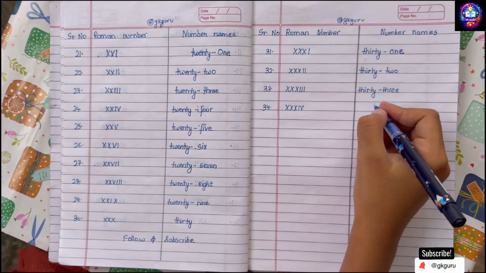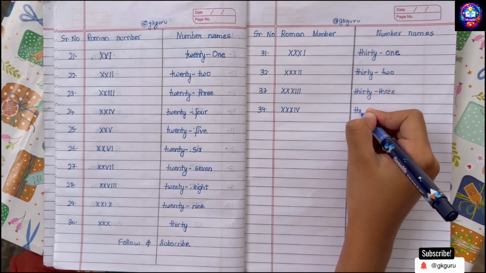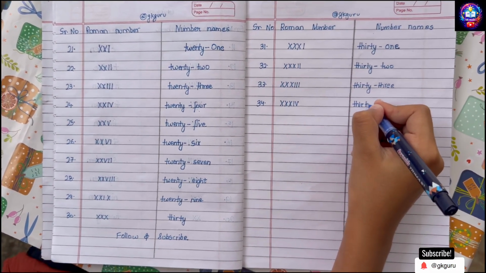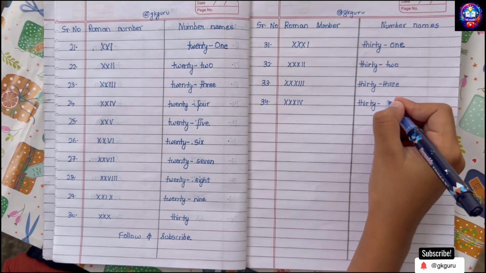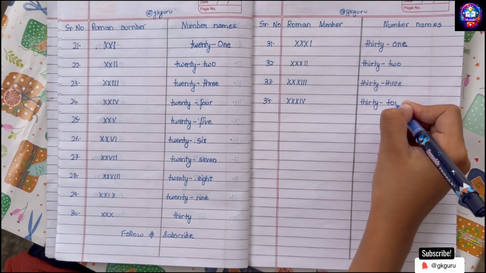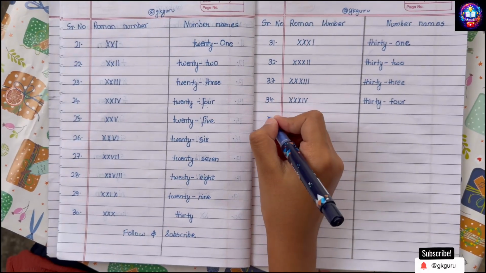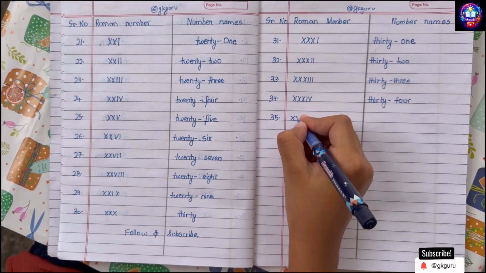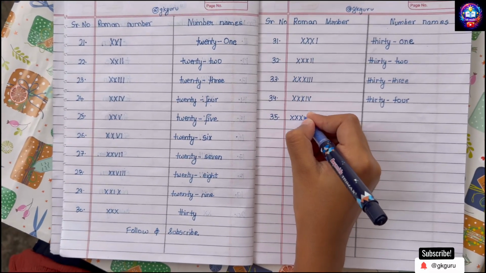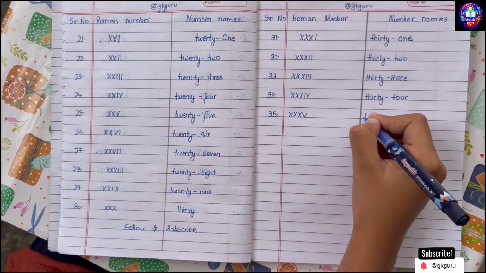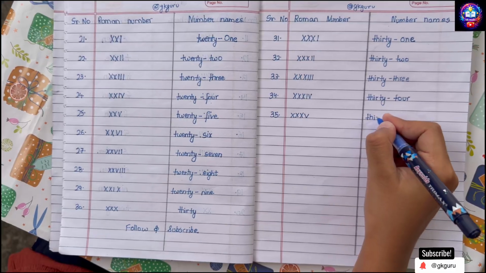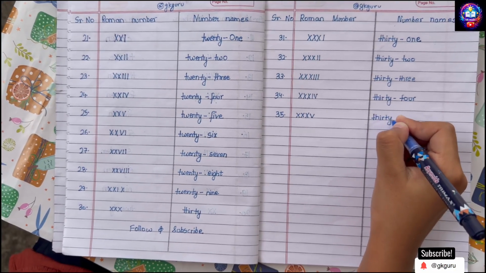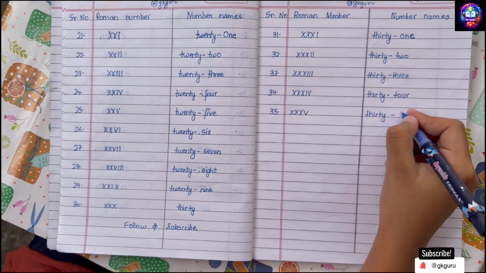Number names T-H-I-R-T-Y F-O-U-R, 34. Serial number 35. Roman number 35. Number name T-H-I-R-T-Y F-I-V-E, 35.